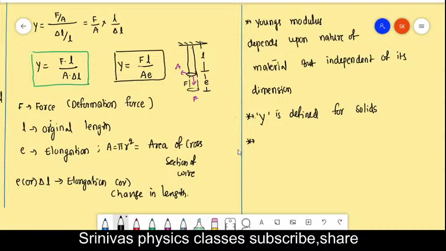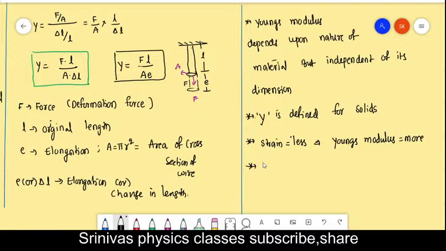The formula is stress by strain, longitudinal stress by longitudinal strain. The materials which have less strain have more Young's modulus. If strain is less, then Young's modulus is more.